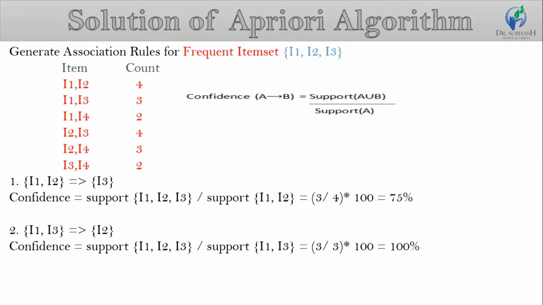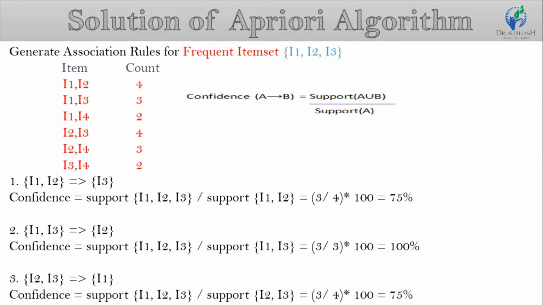Now next is I2, I3 implies I1. Here A is I2, I3 and B is I1. Confidence is equal to support of I1, I2, I3 divided by support of I2, I3. Their count is 3 divided by 4 into 100, so the answer is 75%.